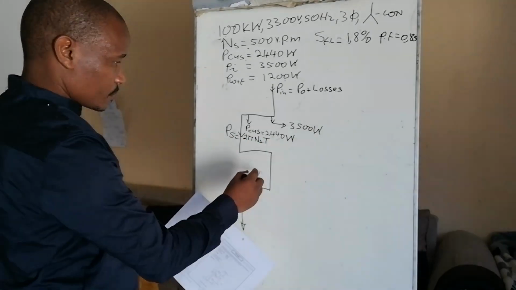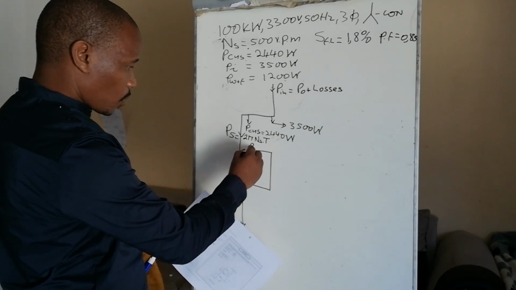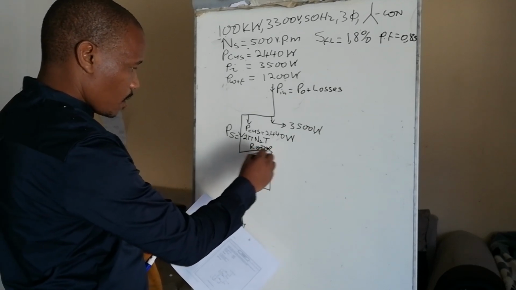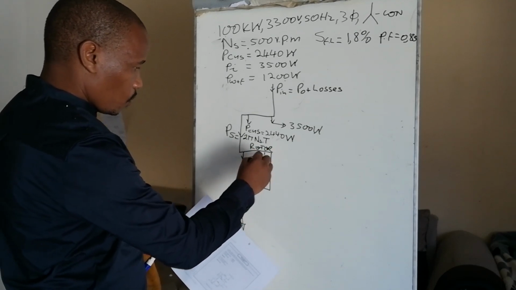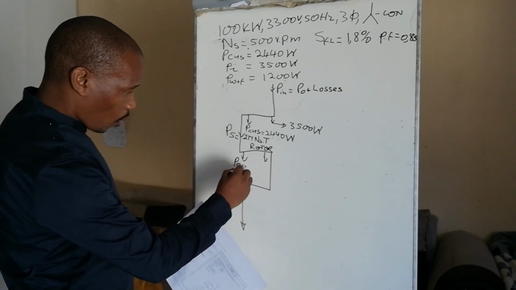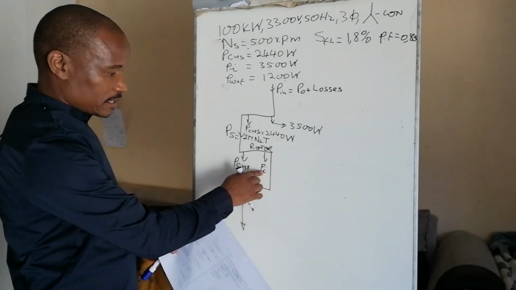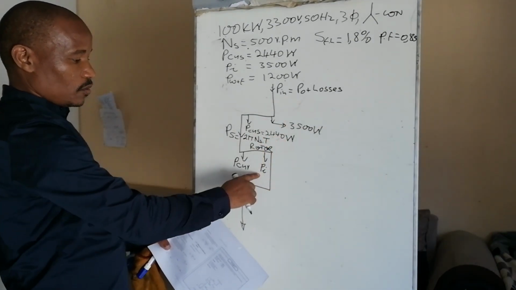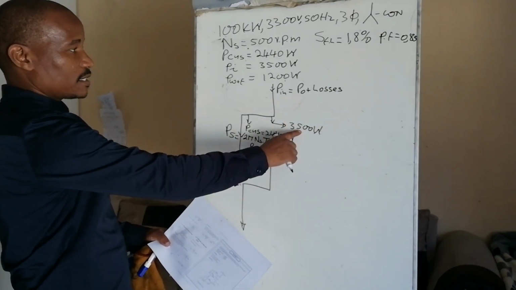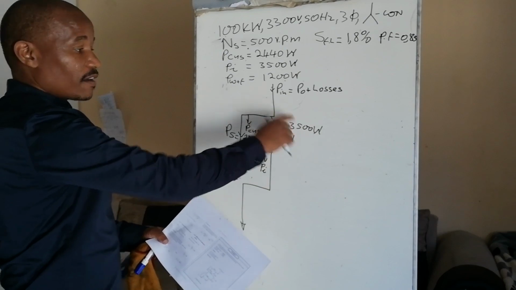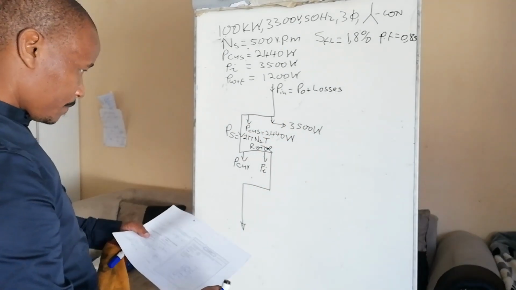And then, of course, here we've got the rotor with the rotor copper losses, and then the iron losses, which are constant. It means here as well, the iron losses are 3500.